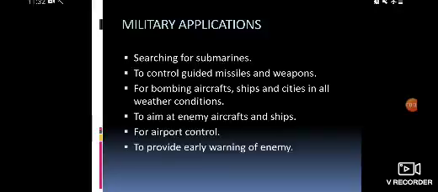When they do not have permission to enter, we can send a number of missiles towards our area. So the radar will control missiles and weapons at the same time. That is the main application of radar.